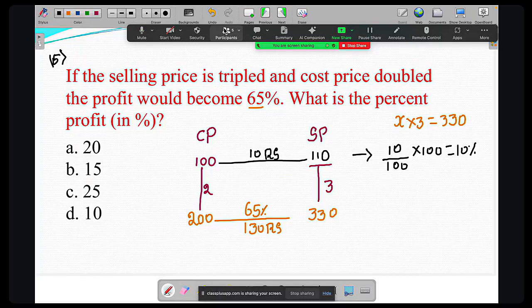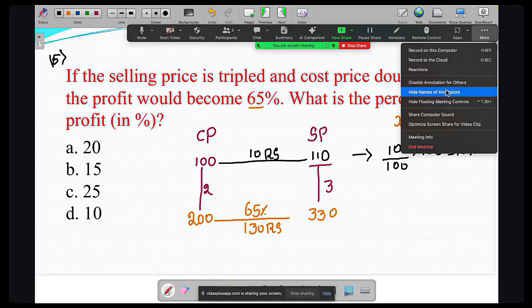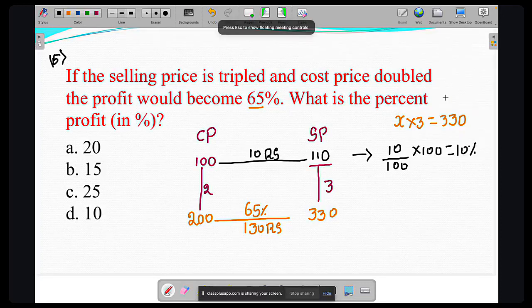Is it overwriting? If it is overwriting, let me know. Done, sir. Okay. Next question.